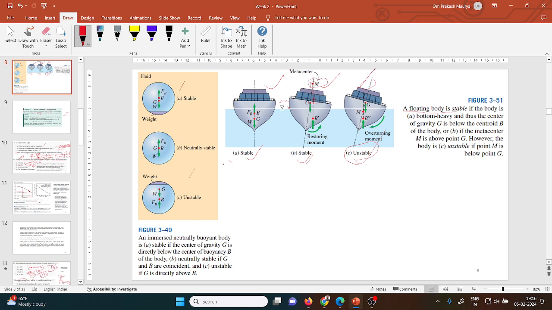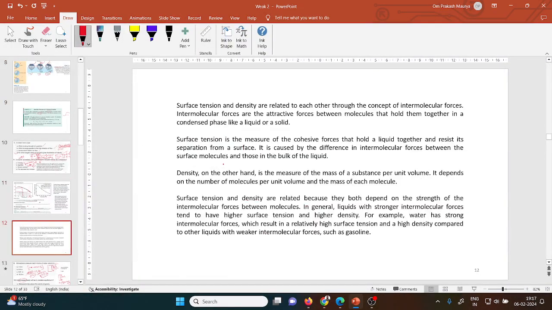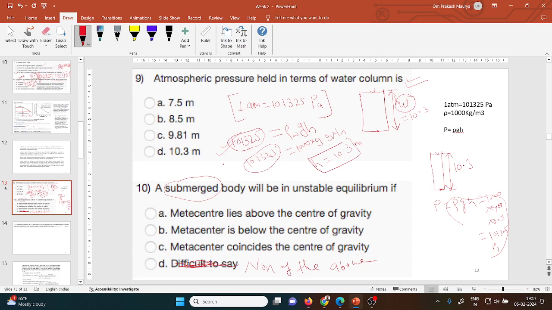But in case of an immersed or submerged body, if you think like that, submerged here means not completely, but partially. I think this question is asking about the partially submerged case. If it is partial, and it is unstable, then your metacenter will be below the center of gravity. That is, option B is correct.